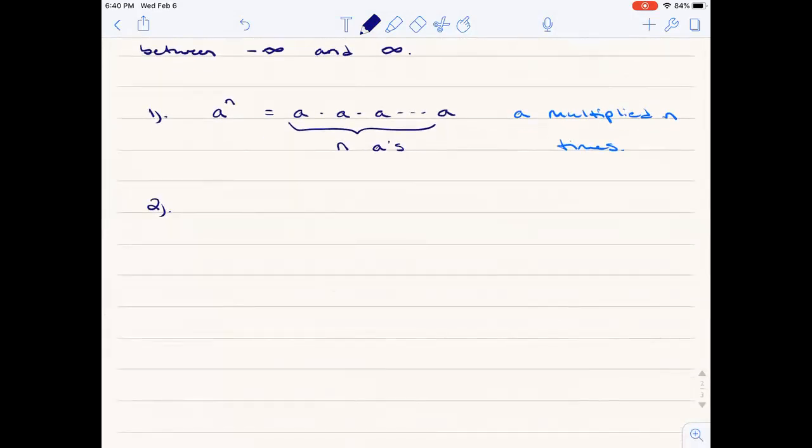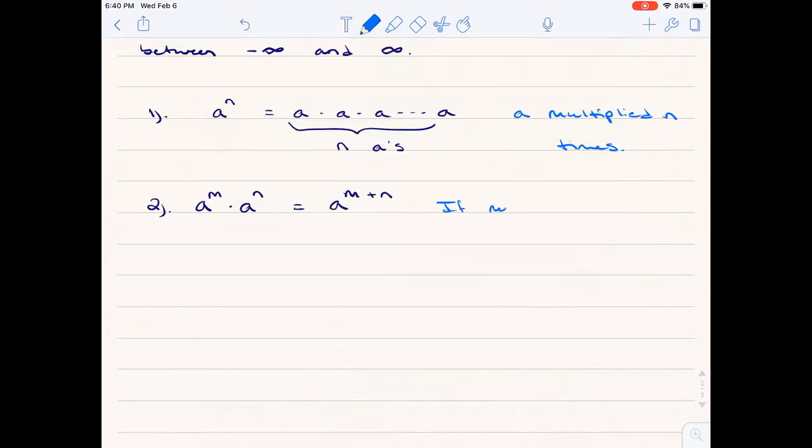Okay. The second rule that we've also sort of used already is that A to the power of M times A to the power of N, we can rewrite it as A to the power of M plus N. Okay. And so if you have the same base, you can combine them by adding up the exponents, if they're being multiplied.